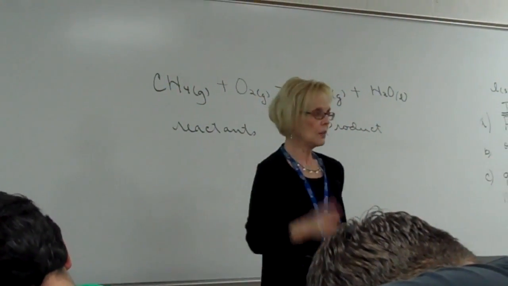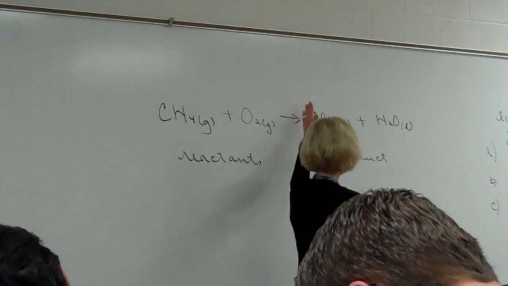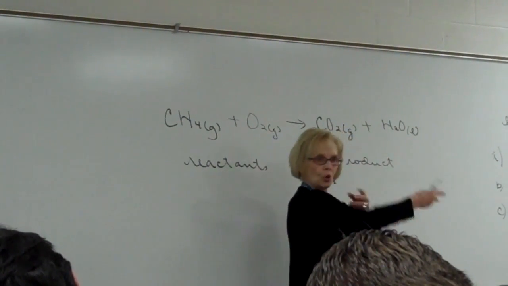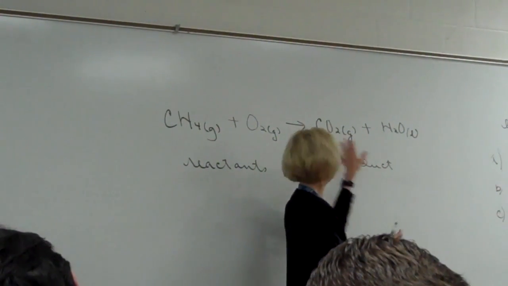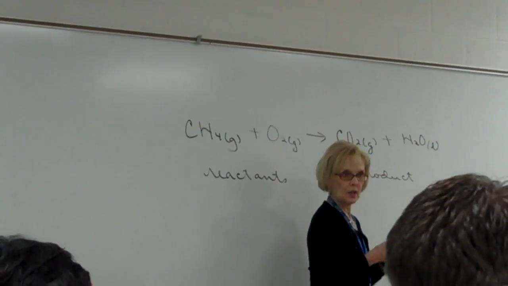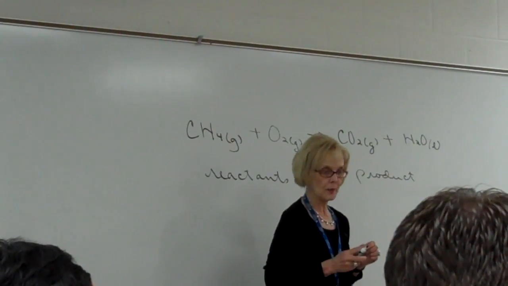There may be one product, there could be a half a dozen products or more. Again, all products have to be to the right of the arrow, but it doesn't matter which I put first. I can put the water first, or I can put the carbon dioxide first. Doesn't matter at all. Now that is our starting point for the problems in section 3-1.